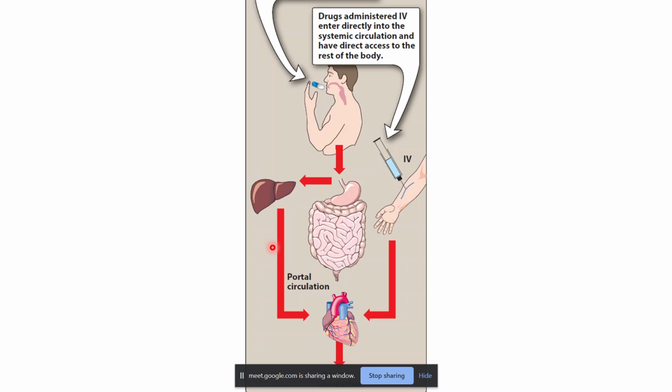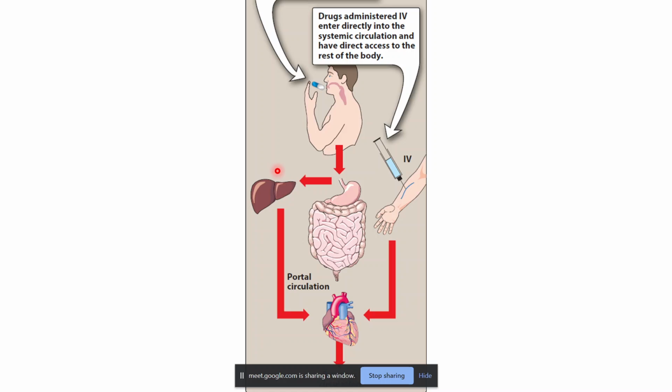Because of the metabolism in the liver, when the person takes the drug, it will go to the stomach, and then onto the intestine, it will be absorbed and then goes to the portal circulation.